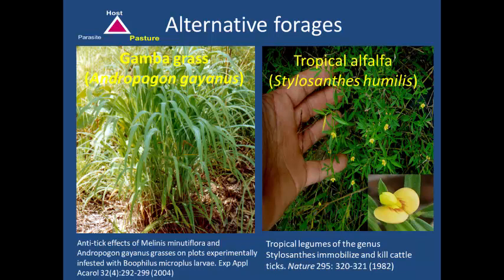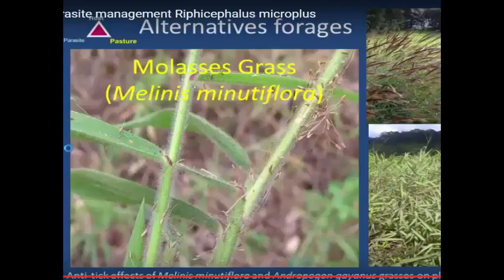There are also some grass species like this gamba grass with some papers published. Again, significant effect in experimental plots, but not so much on field conditions. And finally, there is another grass species. This one is native to Africa, but is well established in South America, which is this molasses grass. And when this was grown as a monoculture, it was highly lethal and repellent to larvae of cattle ticks.